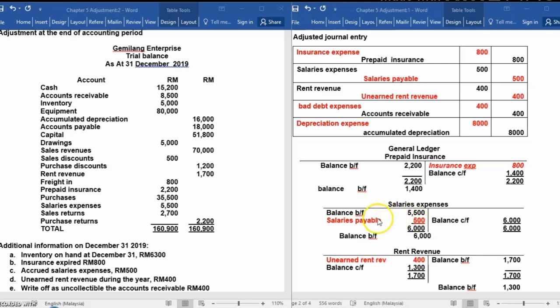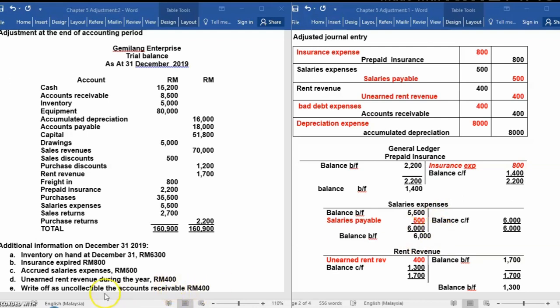The balance for salaries is 5,500, and we have to include the salaries payable with the amount of 500, because that one is part of the current expenses in the current accounting period. At the end of the accounting period after adjustment, the balance brought forward for salaries expenses is 6,000.